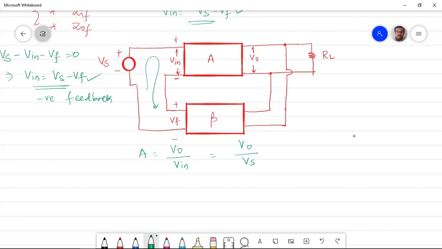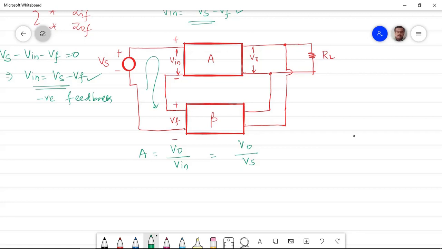Are these two quantities the same? If you look at this block diagram, the answer is not correct, because Vs is different and Vn is different. Vs is Vn plus Vf. So V naught by Vn is not the same as V naught by Vs.